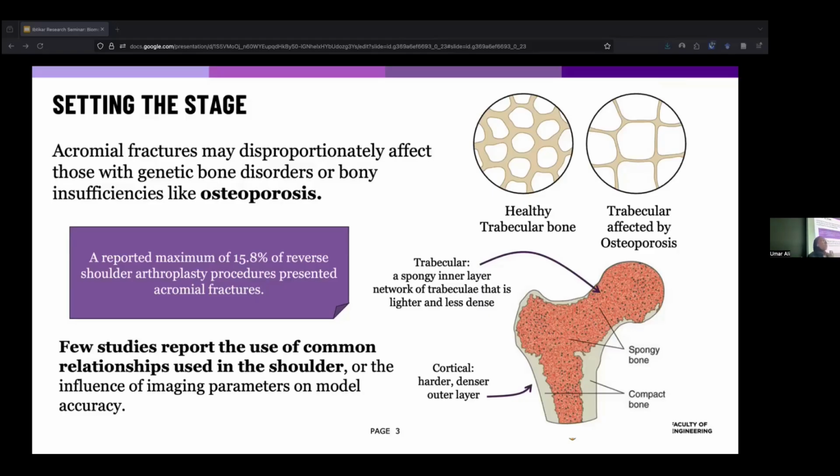So if someone with osteoporosis has any impact on their acromion, it's going to fracture even more. Considering this, very few studies consider the differences between these two bones. Rather than considering bone as a heterogeneous material, they think of it as a homogeneous material when doing fracture risk prediction. We can see how that's not the best way, but I'll expand on that in a little bit.